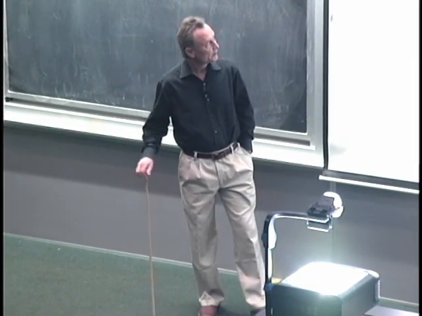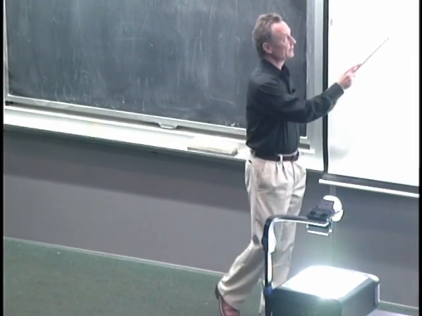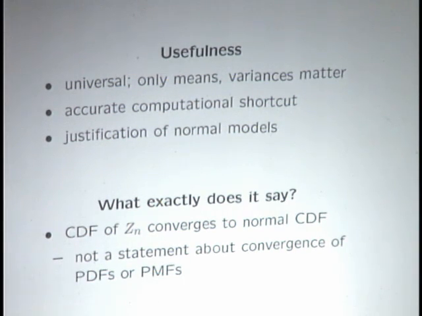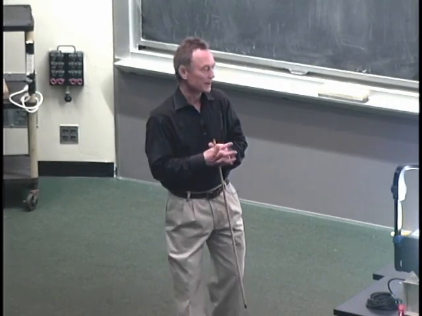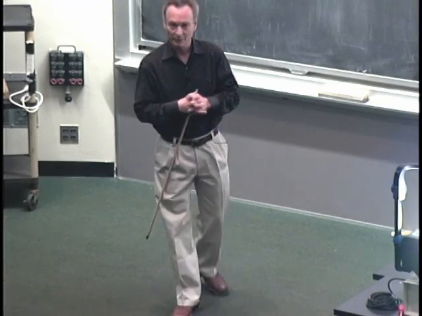Now, at a more philosophical level, it justifies why we are really interested in normal random variables. Whenever you have a phenomenon which is noisy, and the noise that you observe is created by adding lots of little pieces of randomness that are independent of each other, the overall effect that you're going to observe can be described by a normal random variable.